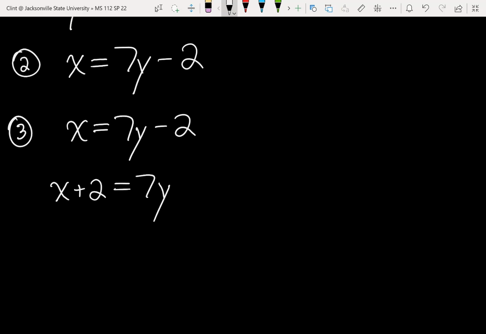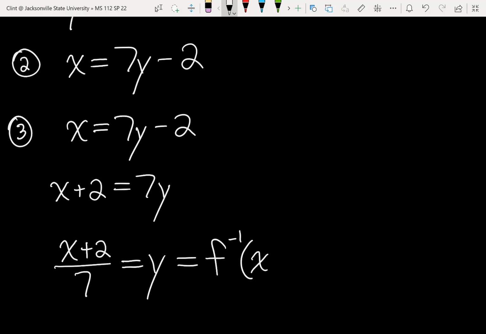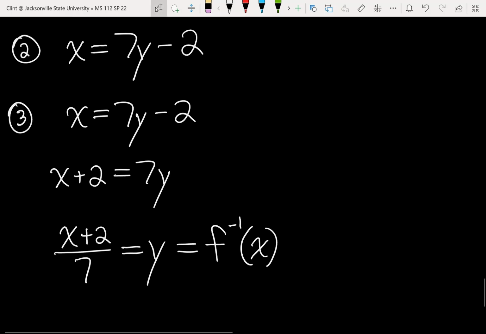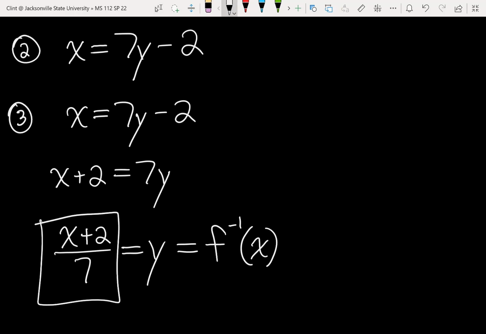And then we want y by itself, so what's our last step? Yeah, divide both sides by 7. So x plus 2 over 7 will be y, and that is f inverse. So this is what I would put in my answer box on WebAssign.